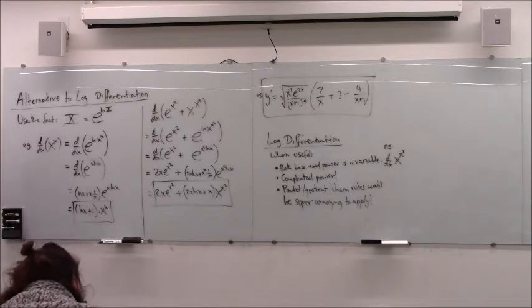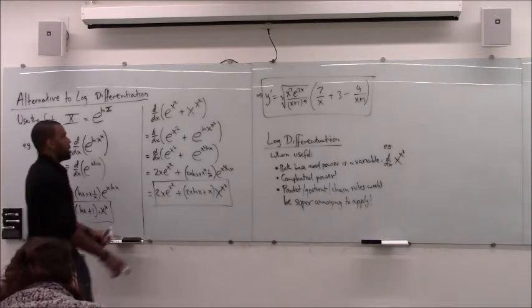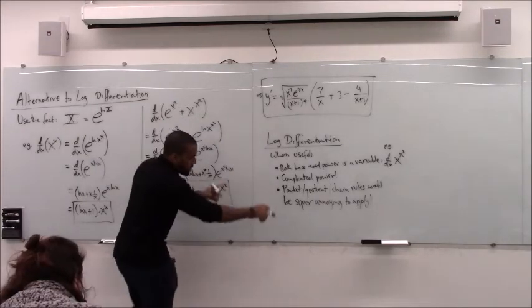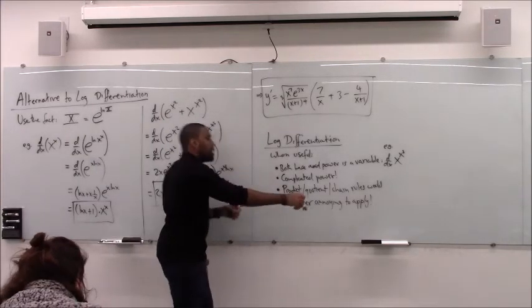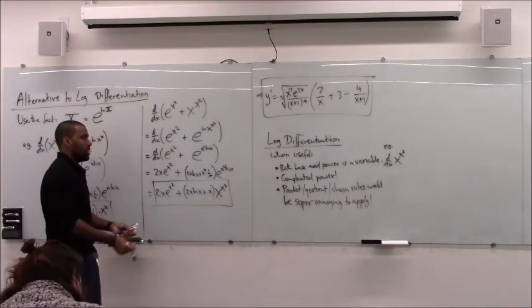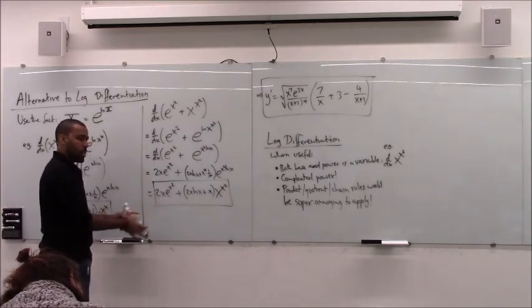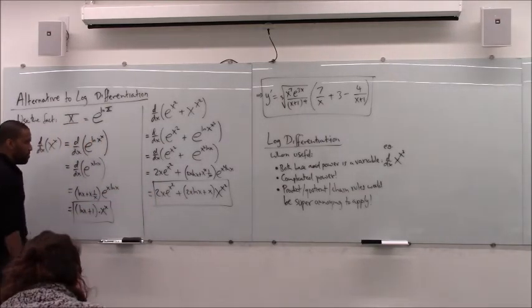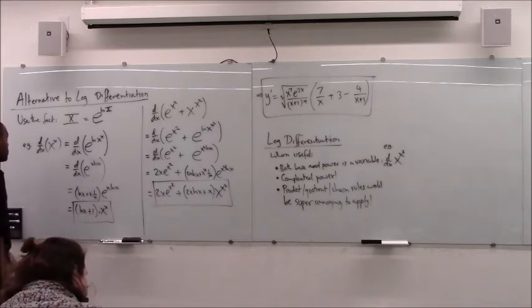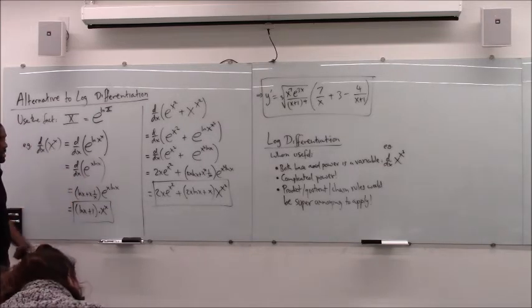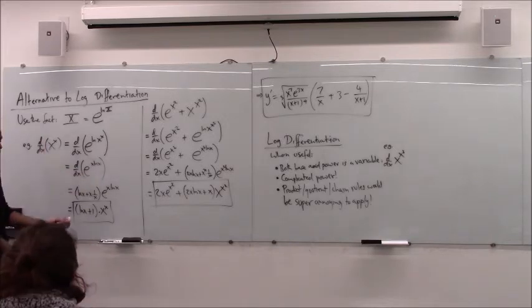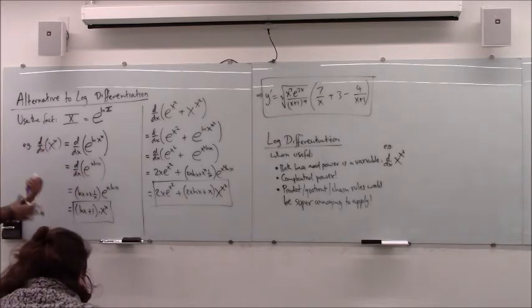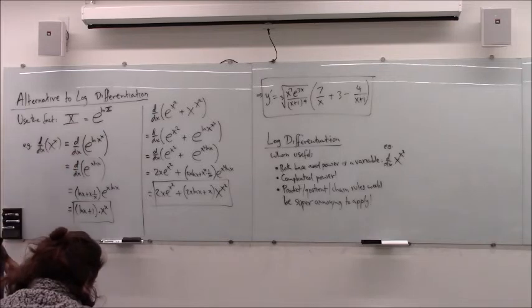So that's the alternative. It's really just a different way to write things down. So instead of having to split something up and go to the side, set y equals this, log both sides, and then come back and plug in the answer, you can kind of do it all on the spot, all in one place. And some people like it. So if you're into that, it's cool. You do it this way all the time. If this confuses you, then forget it, go back to the old way. It's completely swappable with log differentiation.